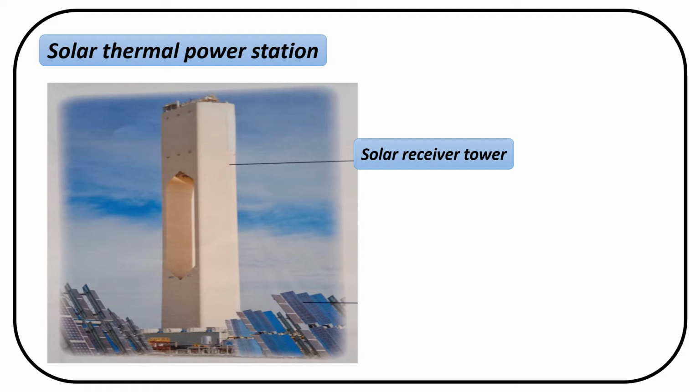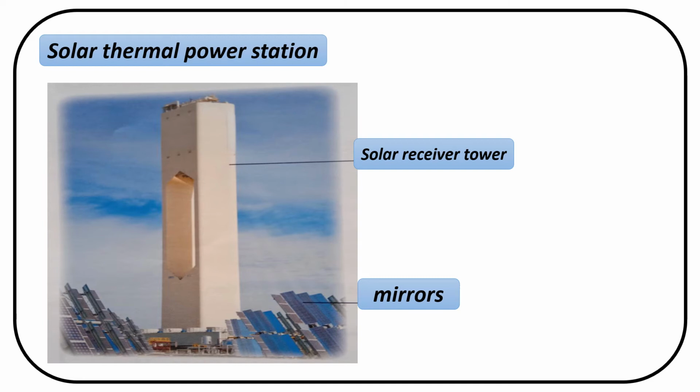Sunlight from the sun is reflected to a solar receiver tower by using mirrors. As you can look down, we have mirrors. M-I-R-R-O-R-S. Mirrors.